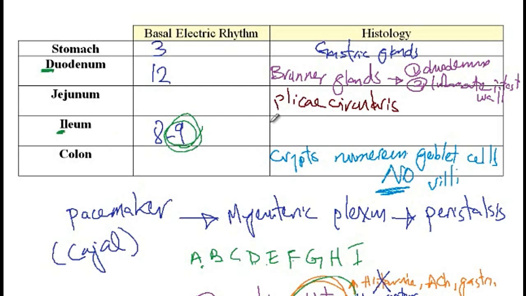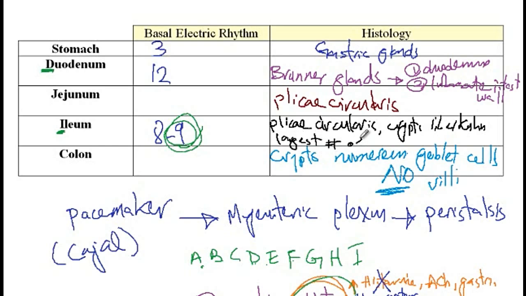So the ileum contains plica circularis, crypts of Lieberkühn, and then it also contains the largest number of goblet cells in the small intestine.